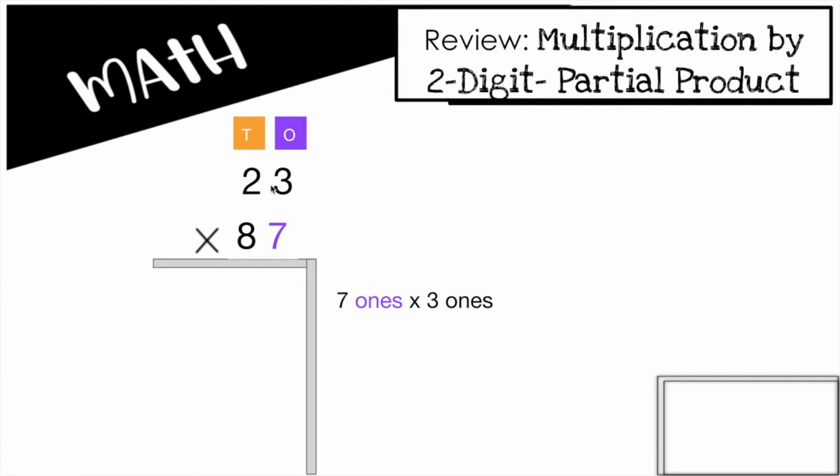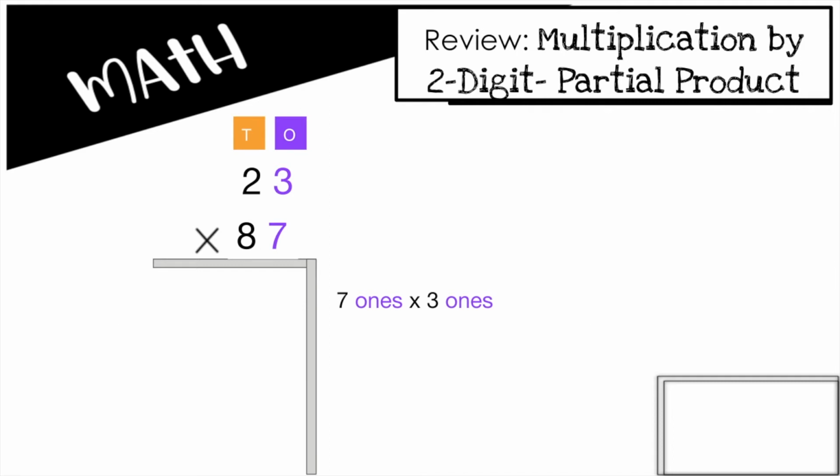So the ones right here, you're not going to get lost. You're not going to get confused because you're saying, but it's 23, Miss Princell. It's 87. Remember, partial products, we are taking it by parts. So 7 times 3 ones. I put those numbers in purple, just so you guys know where I got them.